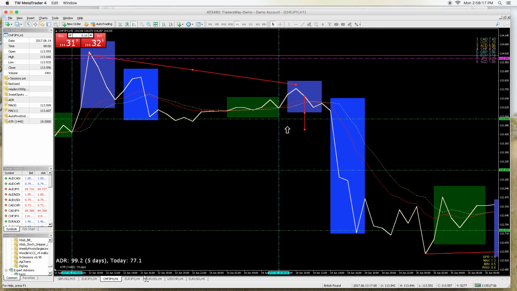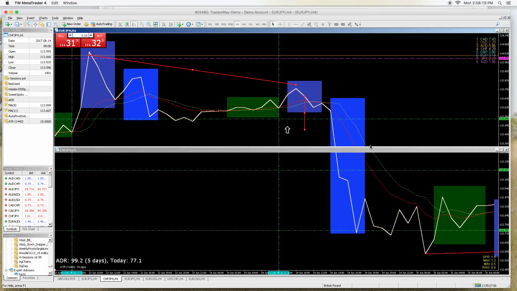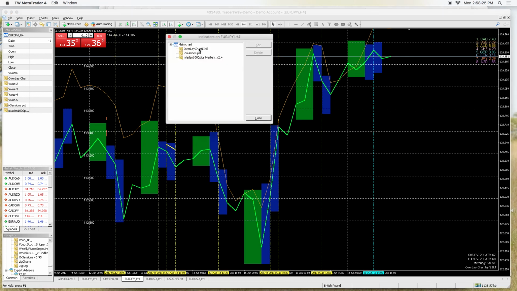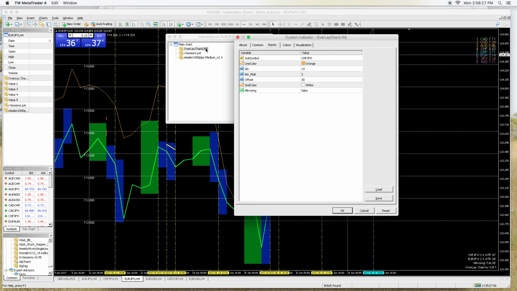Now, going back to this overlay chart, let me open this up a little bit. I've got it set to read better on a smaller time frame. On this overlay chart, we're looking at a few things here. Now, the main symbol, which is on the top left corner, is the euro yen.